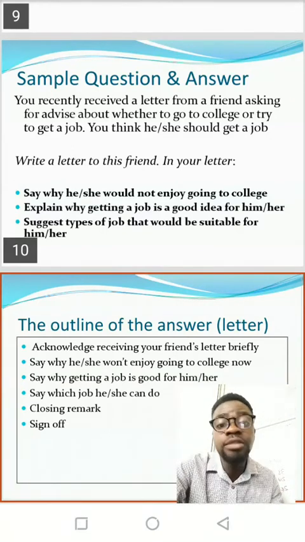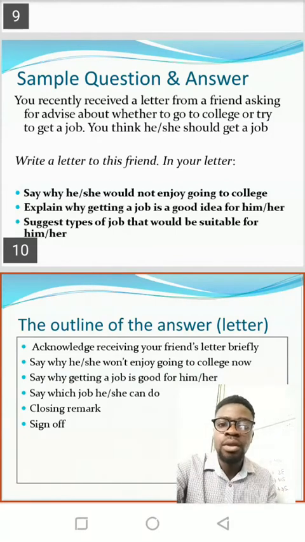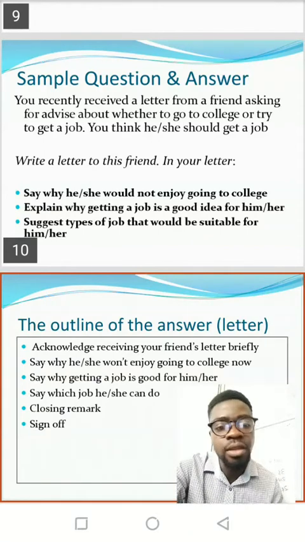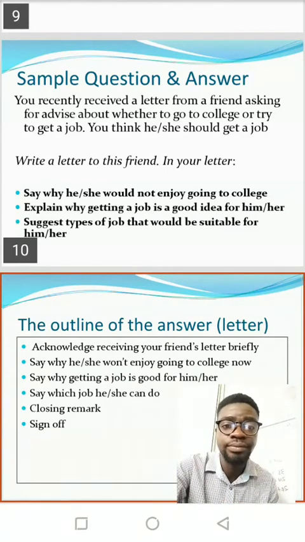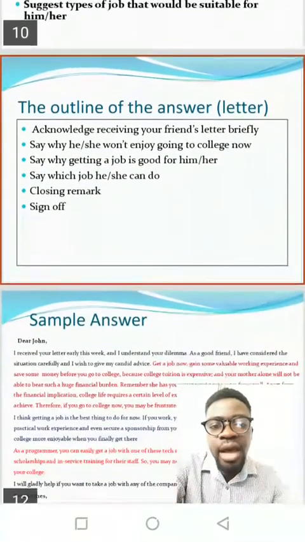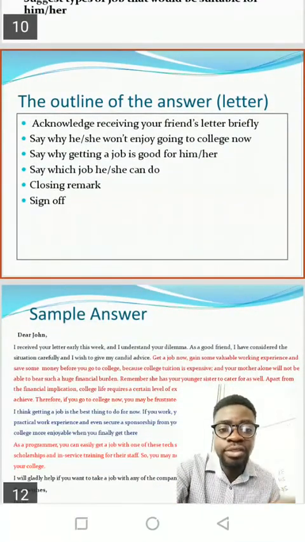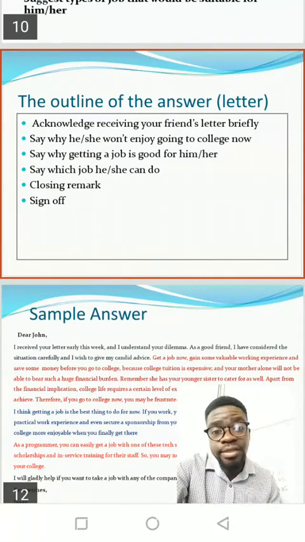That is a partial response. So the bullet points you have in the question are the points you must write on in your letter. So in the course of your response, you must address all those points. So let's look at a sample response and how that captures what is in the question.